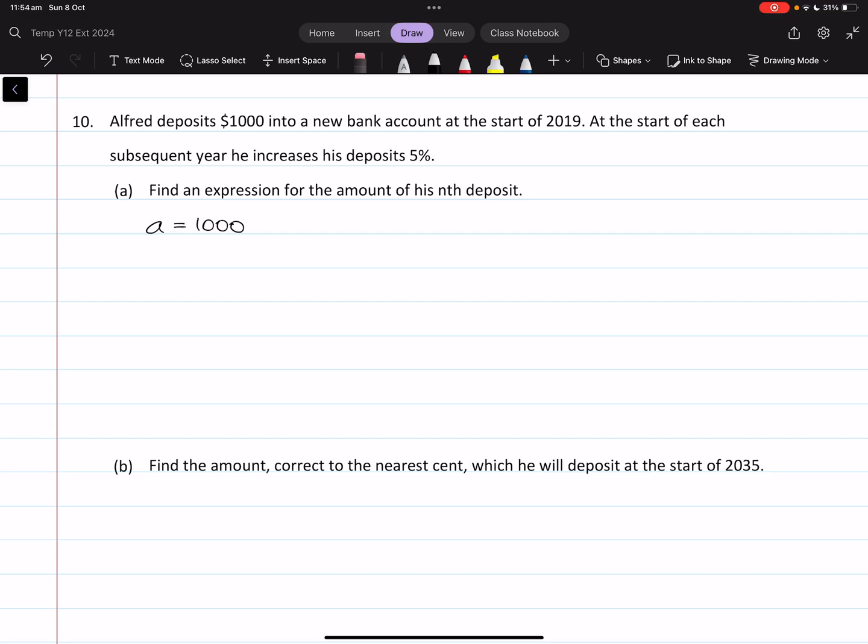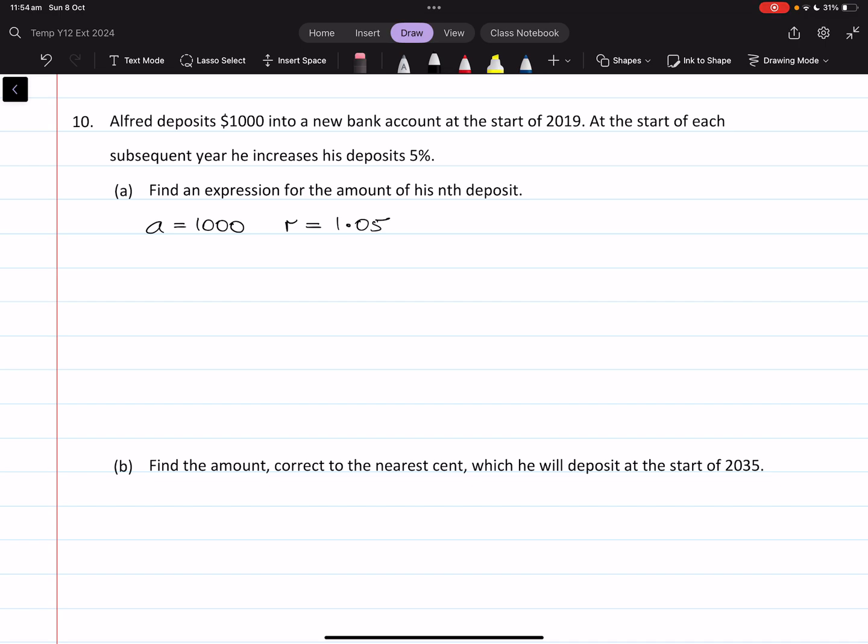But it's going up by 5% each year. Now, the quickest way to increase by 5% is to multiply by 1.05. So our common ratio is 1.05. It is not a common difference this time, it is a common ratio. It is going up by 5%. So every time you multiply by 1.05, you are increasing by 5%.